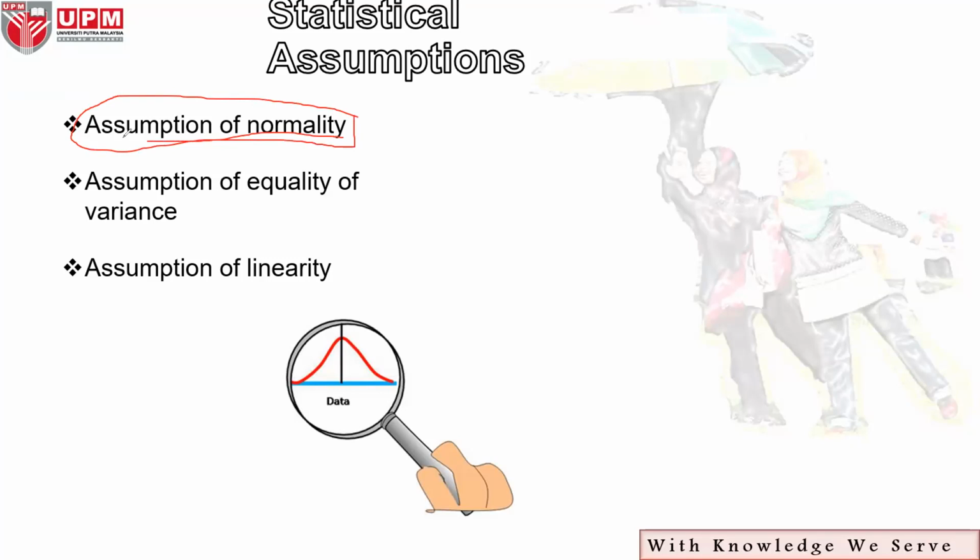To prove whether your data met the assumption of normality or not, you need to indicate the related statistic, either Kolmogorov-Smirnov, Shapiro-Wilk, skewness, kurtosis, box plot, QQ plot, depending on the researcher. But it is not necessary to report all. Make sure you just report the statistic that supports your interest. Do not report all.